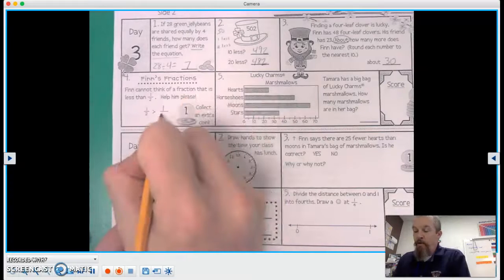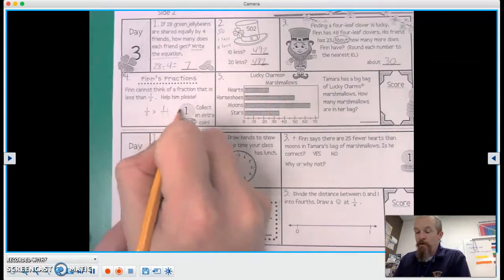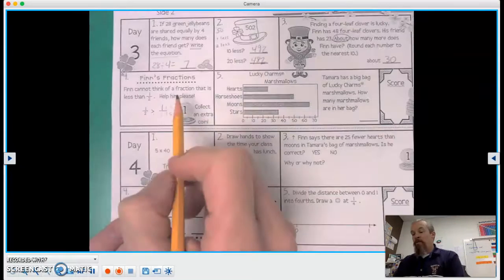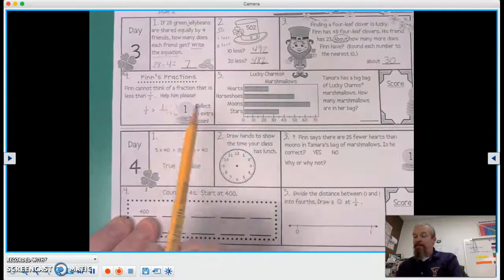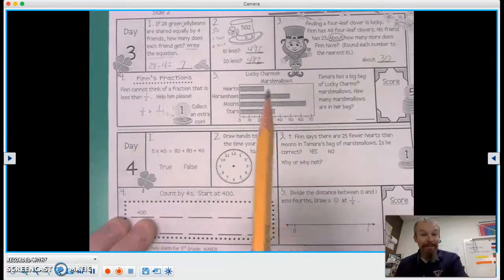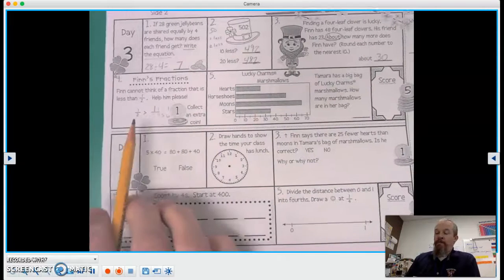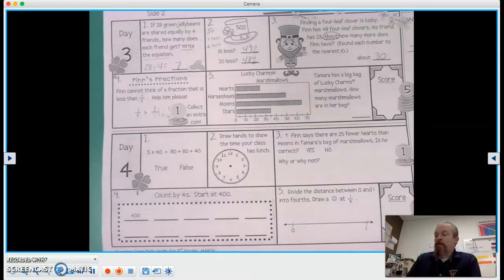So, we could have 1/3, 1/4, 1/5, 1/6. Any single number with a 1 on the top, as long as it's greater than 2, we're going to have a fraction where a half is greater than that fraction.